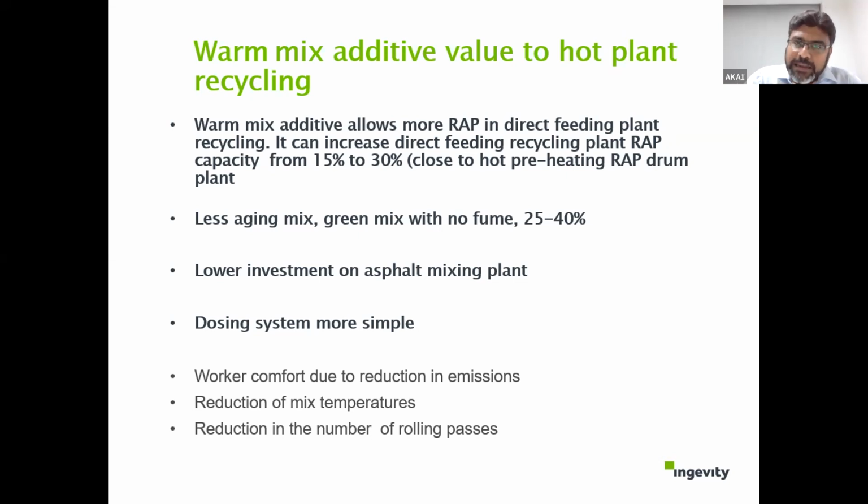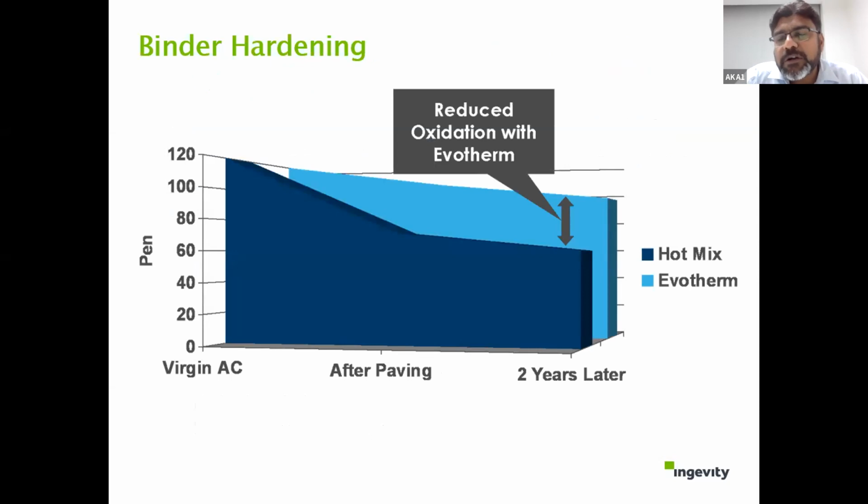So what this product typically does is increase the workability of the material. If I can increase the workability and get good compaction at a lower temperature, then go for it. Typically you reduce the oxidation: when you reduce your temperatures, you are reducing the oxidation of your binder. Your RAP binder is already oxidized.